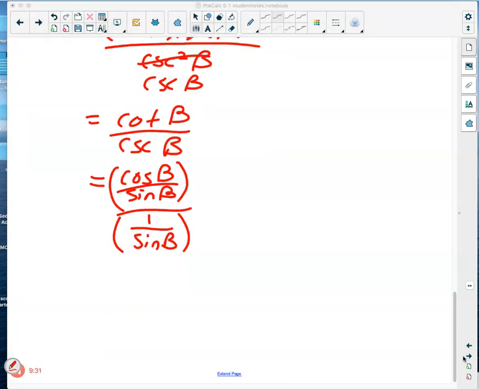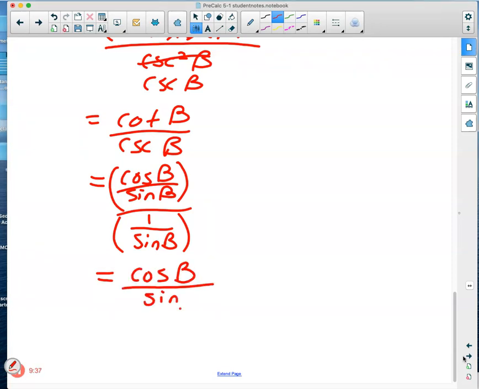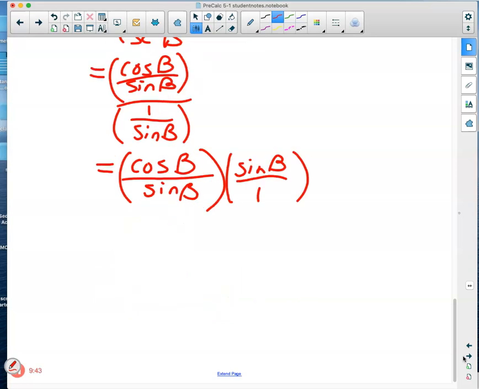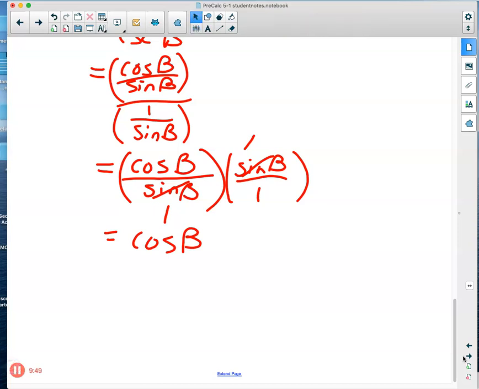We know that we absolutely do not divide fractions. We multiply by the reciprocal. So cosine of beta over sine of beta times sine of beta over 1. And now the sine of beta will cancel out. And I get cosine of beta, which is obviously a single trig function that we managed to get.